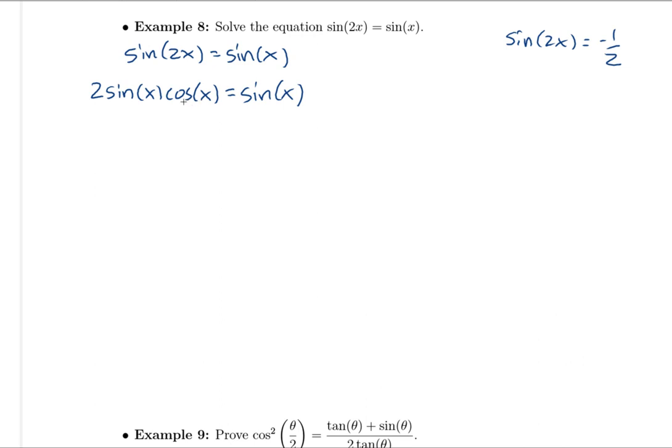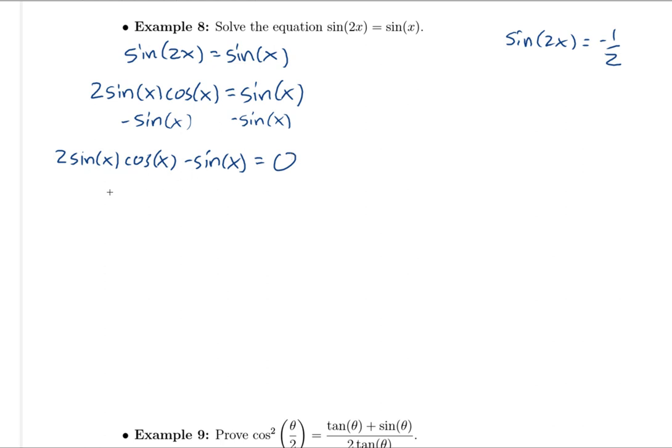And then in a scenario like this, resist the urge to divide by sine. That's going to lose solutions for you. Rather, subtract and set it equal to 0. So I have 2 sine x cosine x minus the sine of x is equal to 0. And then we've seen problems like this before, right?